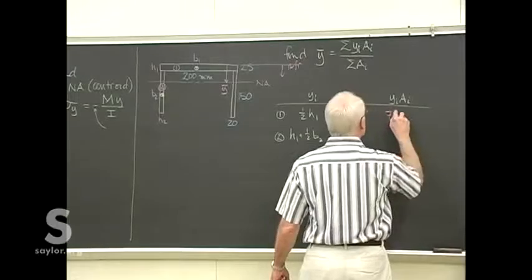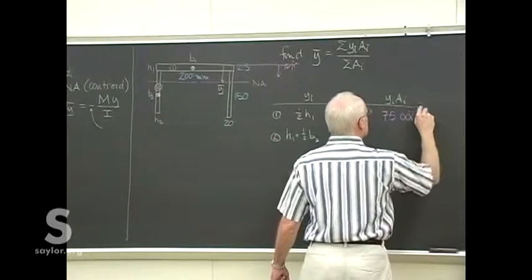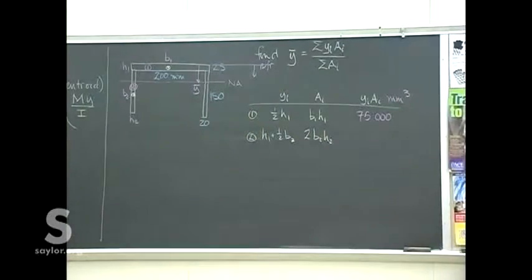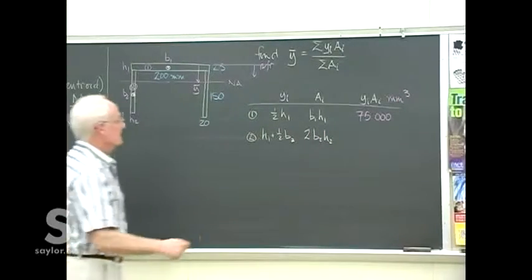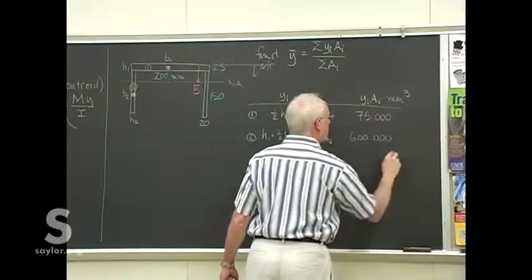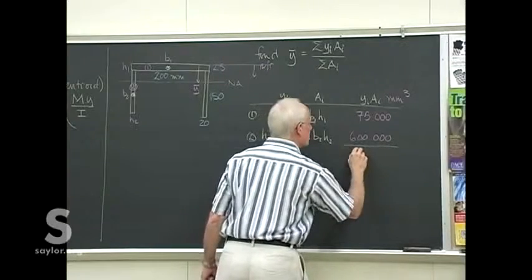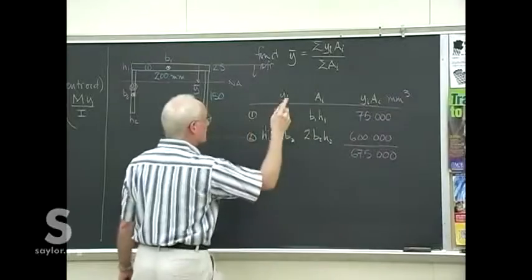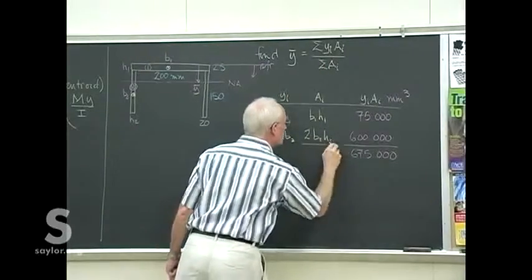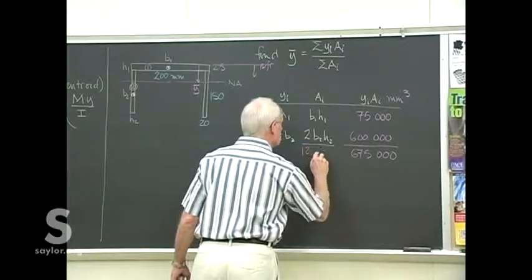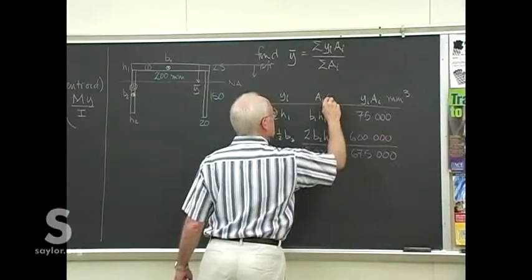This one comes out to be 75,000 millimeters cubed, and this one comes out to be 600,000. So we total that up, 675. We also total up the area because we need to divide that 675 by the area, and the area is 12,000. So we're all done. We've got all the pieces we need.